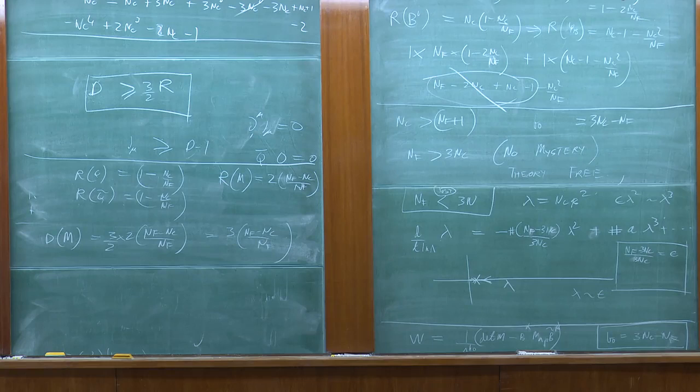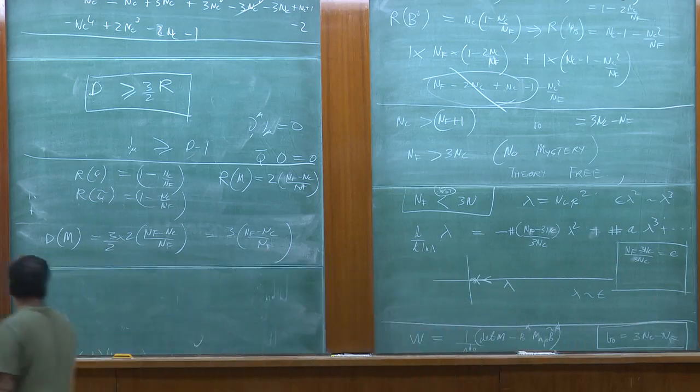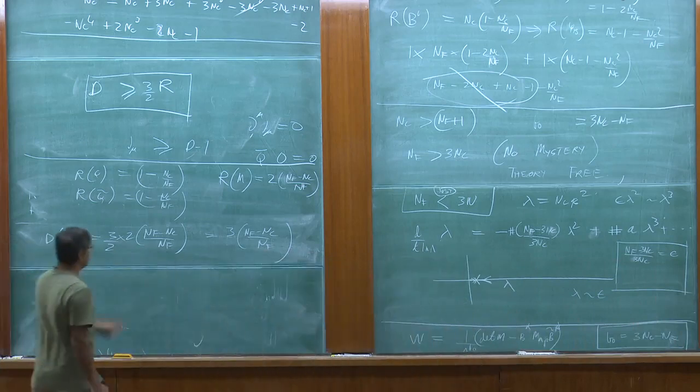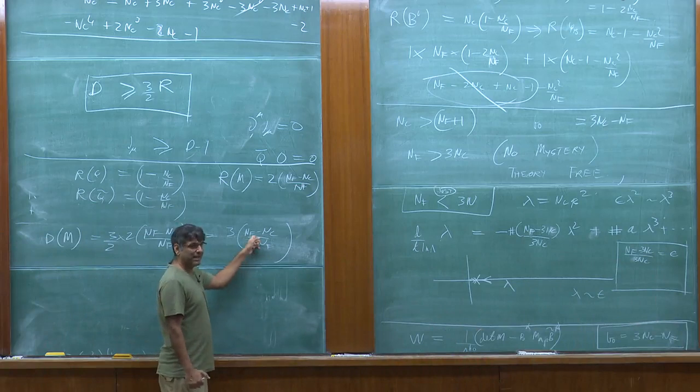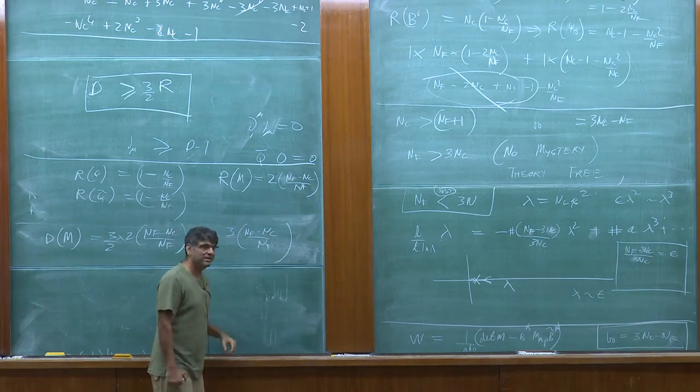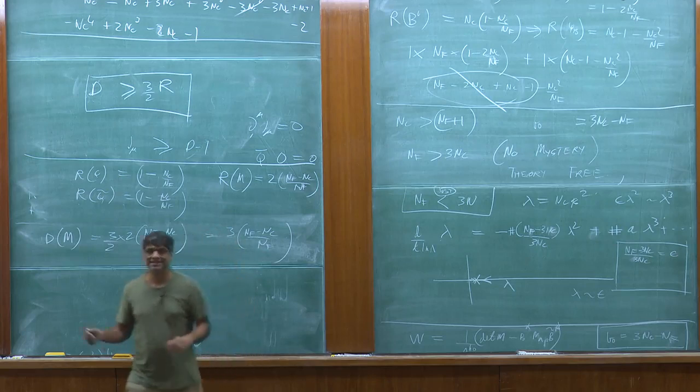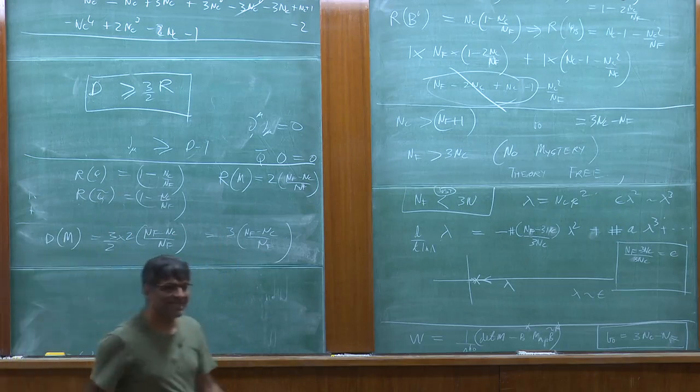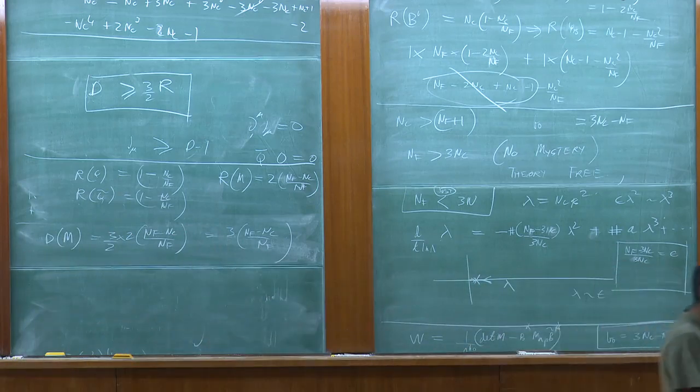So the dimension should be equal to 2. But as Kanu points out, if NF is set equal to 3NC, then we will get 3 NC minus NC, that is 2NC, divided by 3NC, into 3. So we will get 2. So this is a sanity check of this point: in the free limit, it has the answer we expect.